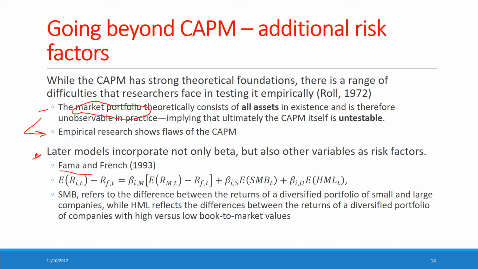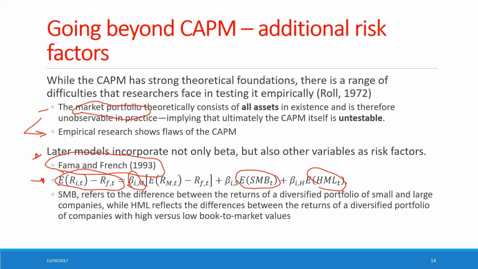So for example, in 1993, two researchers, Fama and French, came up with a three-factor asset pricing model where they're trying to explain returns using three factors, right? In their model, they have beta as one of the risk factors. They also have small minus big, so they have a size factor, and they have high minus low, or a book-to-market factor, right?